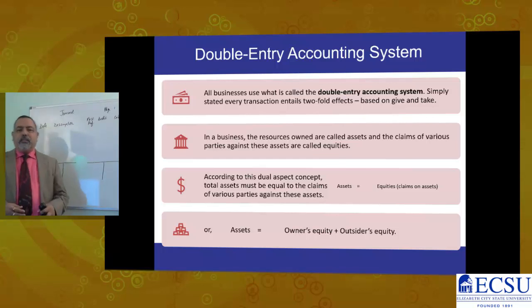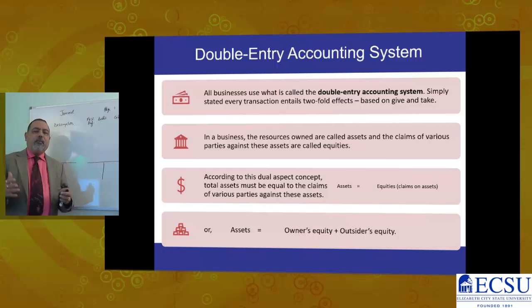In a typical business, the resources owned are called assets, and the claims of various parties against these assets are called equities. Now, that equity could be a claim against the assets by outside parties, that is, people who have given you the money, or it could be by the owner.